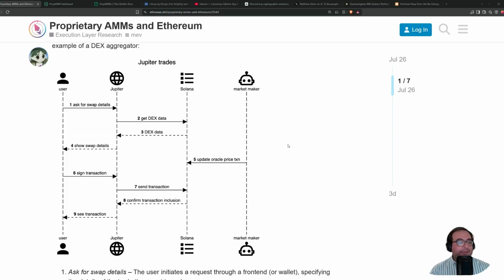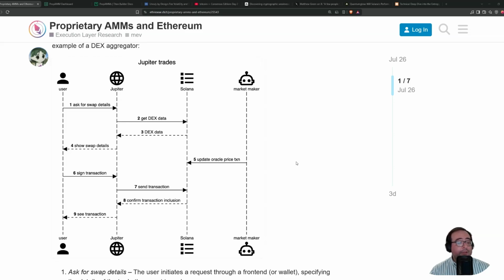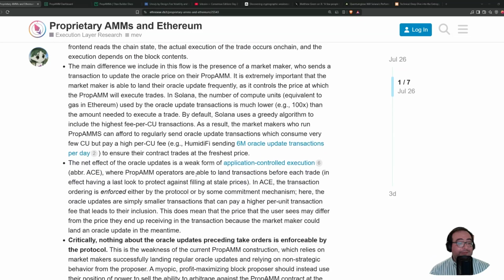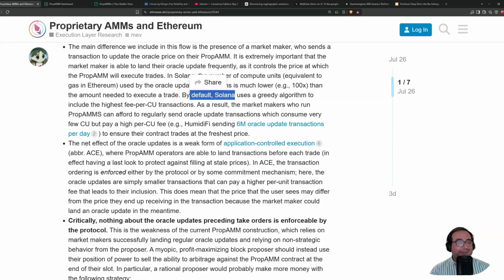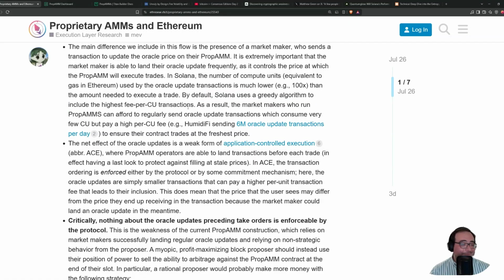And that works, and it worked very well on Solana, because these oracle updating operations can be cheap enough. Not only can they be cheap enough, but the market maker also has some guarantees that these updates will have priority. Why? Because by default, Solana uses a greedy algorithm to include the highest fee per compute unit transactions.